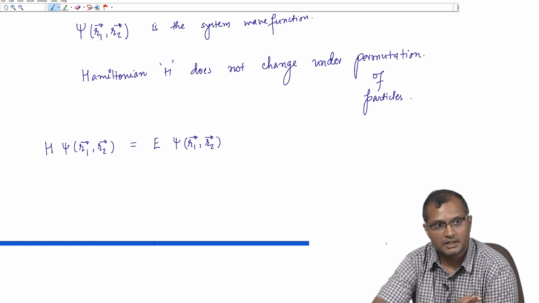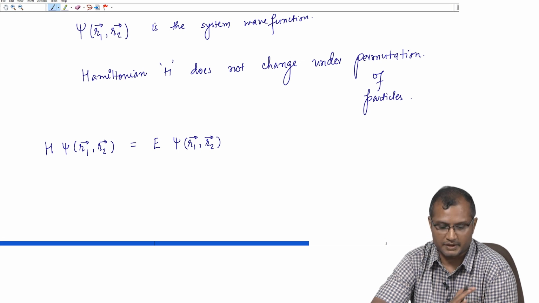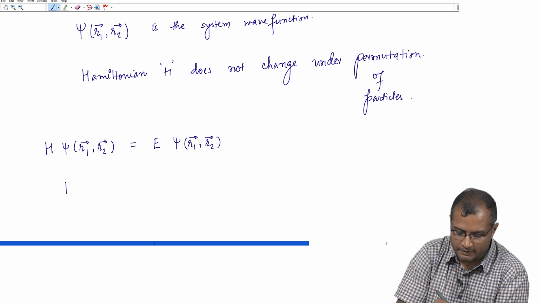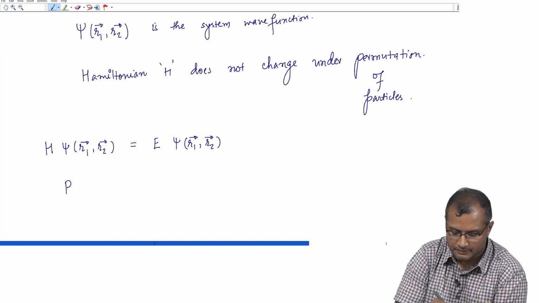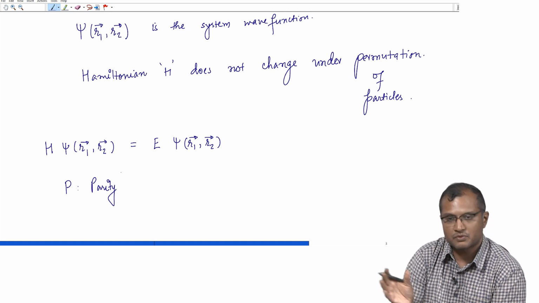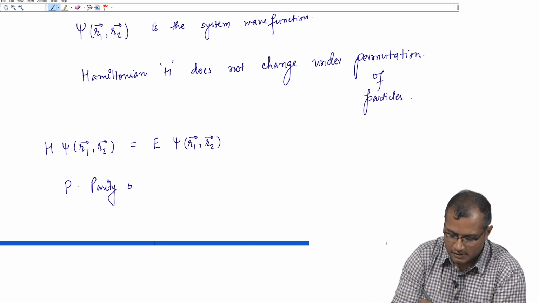That is the meaning of the Hamiltonian operator. Now think of a parity operator, P, whose action is to just permute the particles.